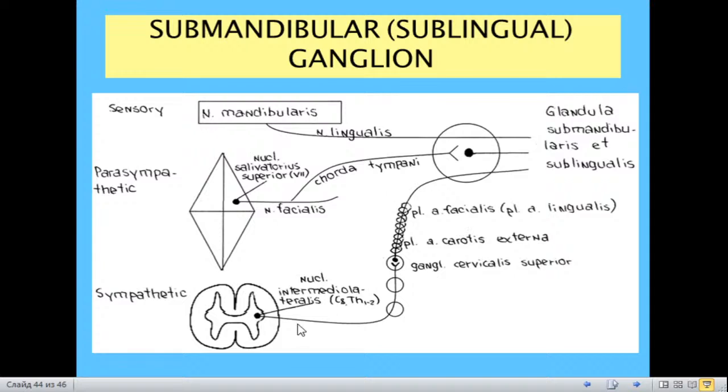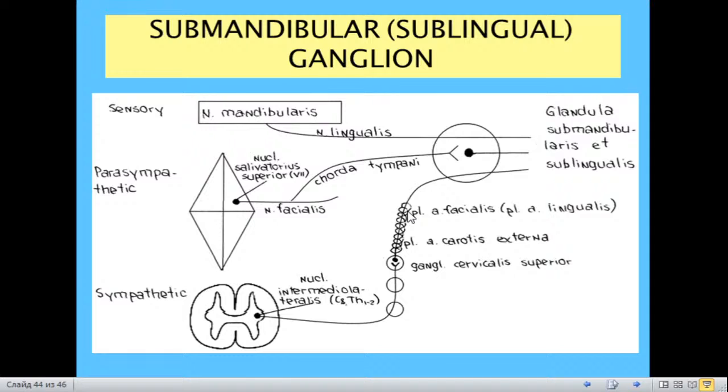Sympathetic fibers traditionally originate from nucleus intermediolateralis, reach superior cervical ganglion, and postganglionic fibers form plexus around external carotid artery. After that, plexus around either facial or lingual artery. Again, it depends on gland.